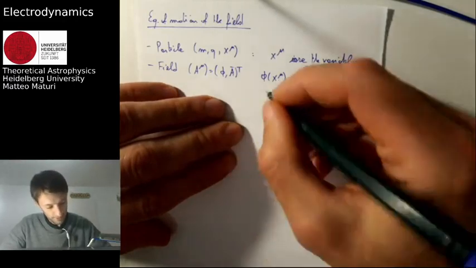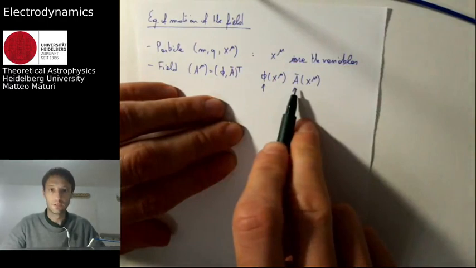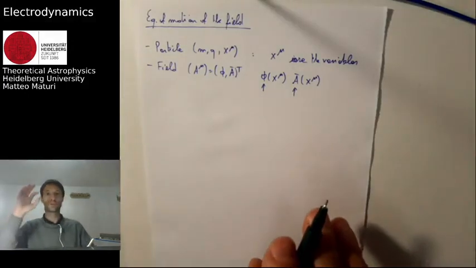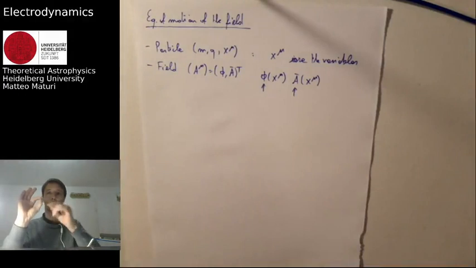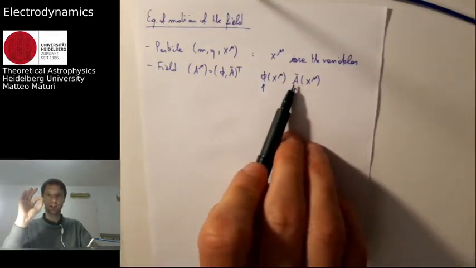The variables that we are tracking are φ and the vector A. Okay. You can imagine the position here as a label, if you wish. So you're asking yourself, given a certain position in space, how the potential is evolving as a function of time.